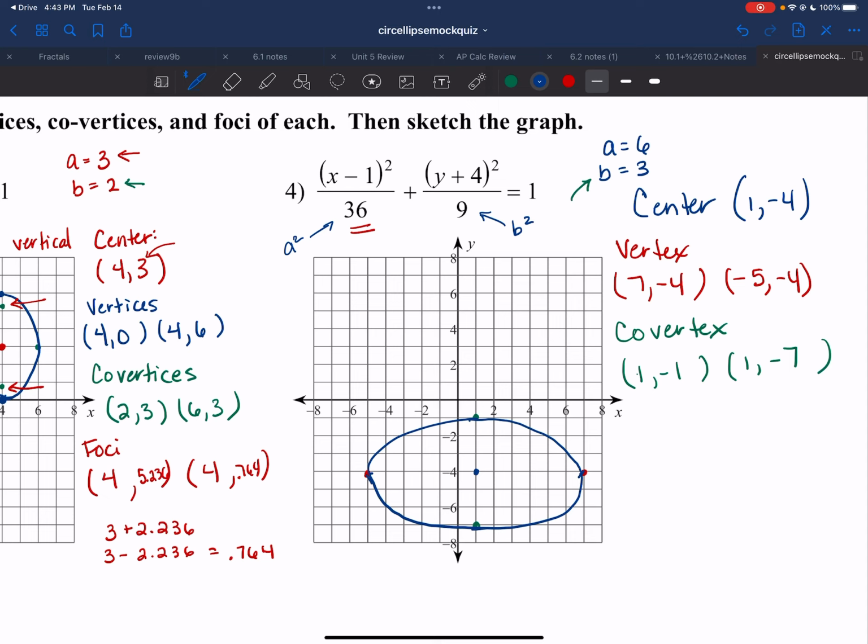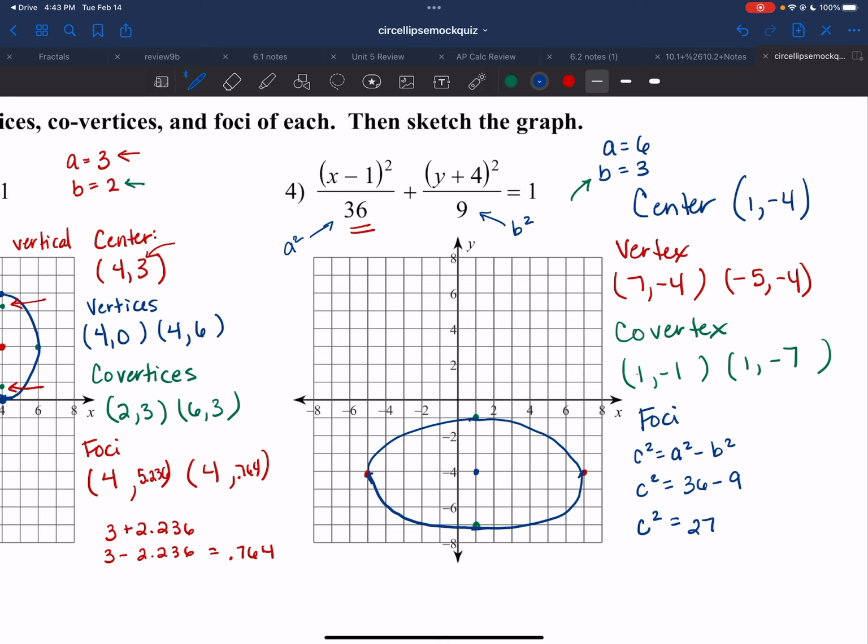And then for the foci, remember that's based on C. So C squared equals A squared minus B squared. So C squared is going to be 36 minus 9. And so that's going to give me a C squared of 27.